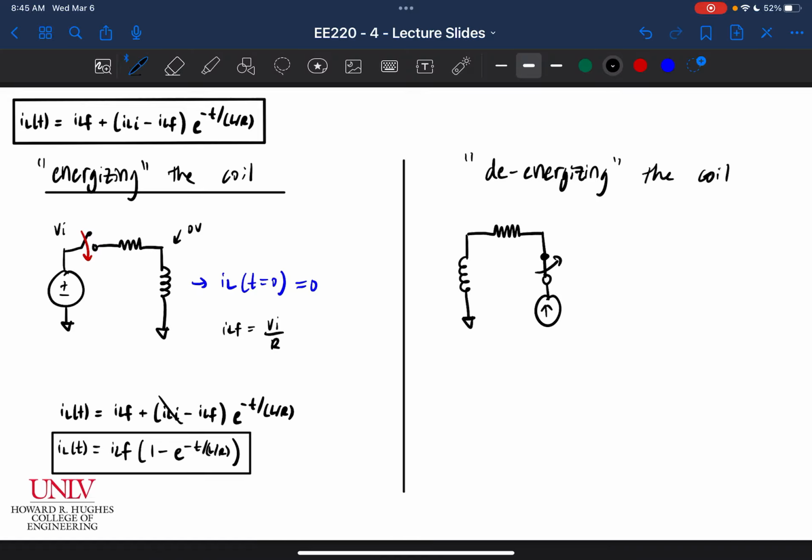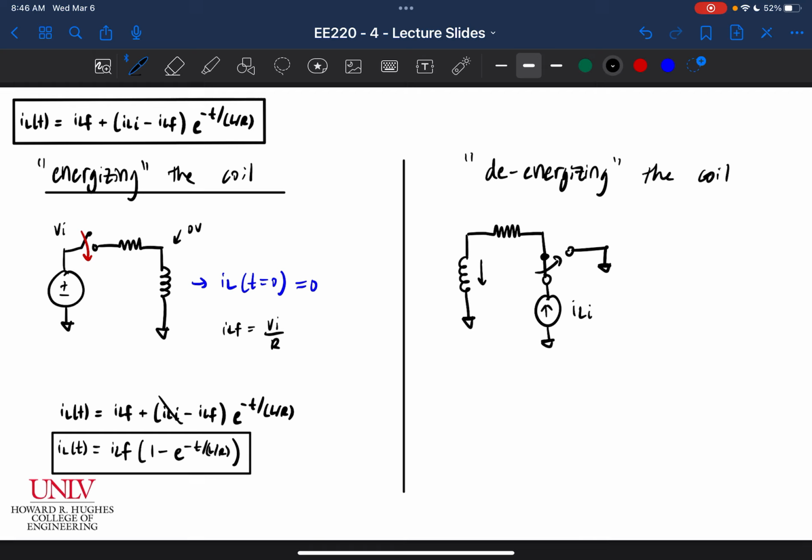And when it does open, it's going to connect over to ground here. All right. So I've got current flowing in my inductor, and let's say that this is ILI. That's the value of my initial current. And I know that my final current is going to be 0.